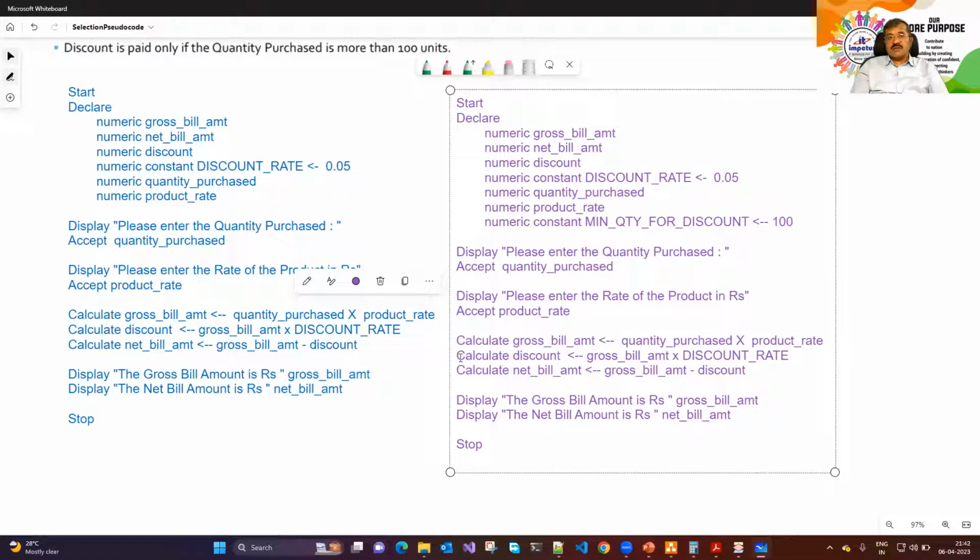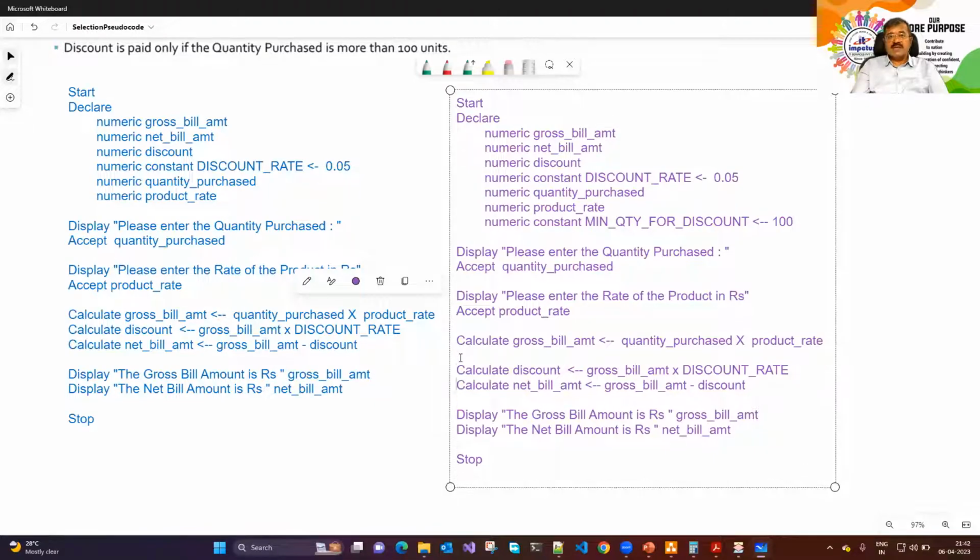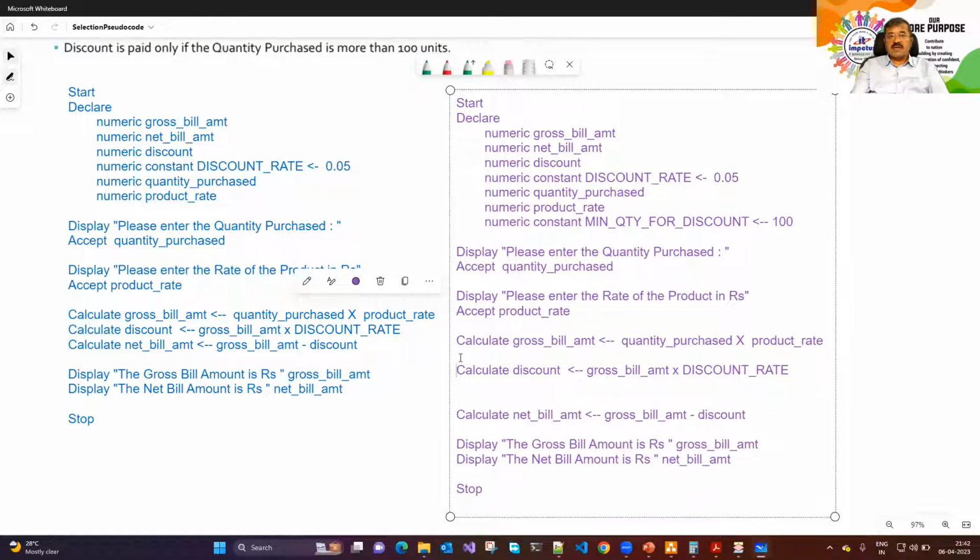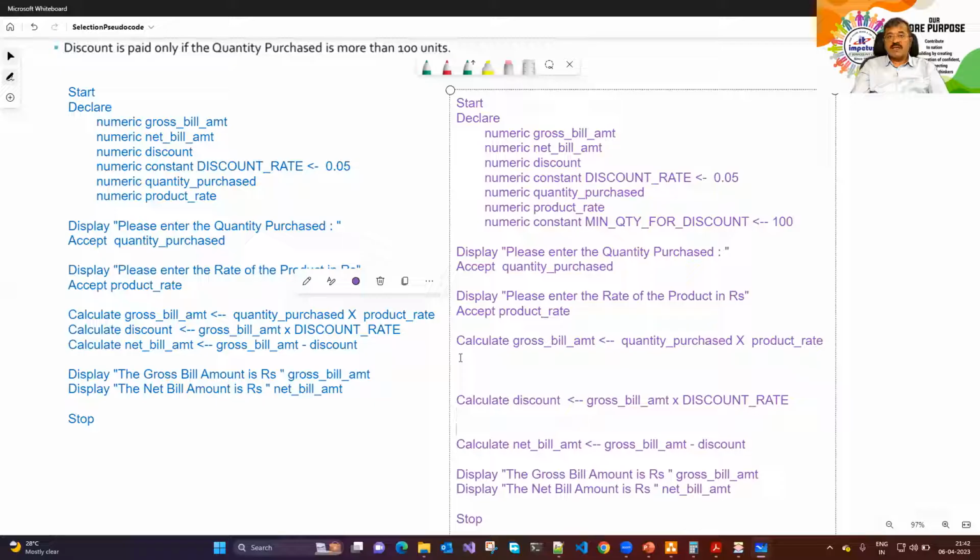So here, before we calculate this, we should calculate the gross bill amount, but we cannot go ahead calculating the discount directly. So what we do is we calculate this discount saying if a condition, if the quantity purchased is greater than, what does the question say, is more than 100 units.